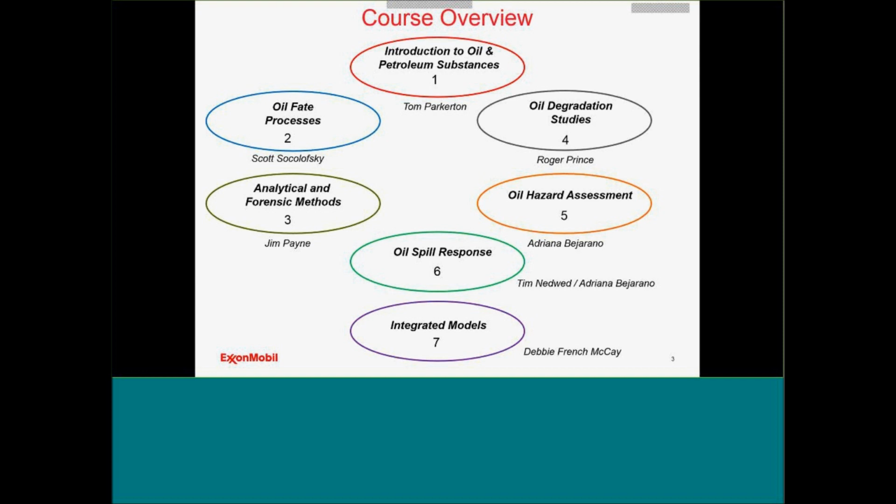The last module described how coupled state-of-the-science oil fate and effects models, such as SciMap, can be used to integrate some of the key principles that were described in the previous modules to really help inform response decision-making and contingency planning. So the reason why I felt it was potentially useful to cover this slide, just to give you a little bit of the background context for the introductory presentation that I'm going to now cover.